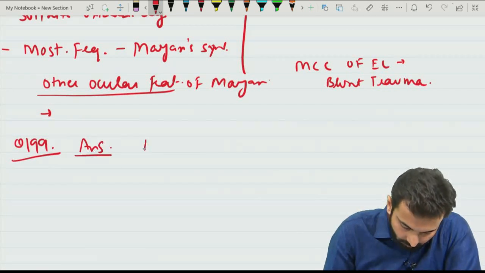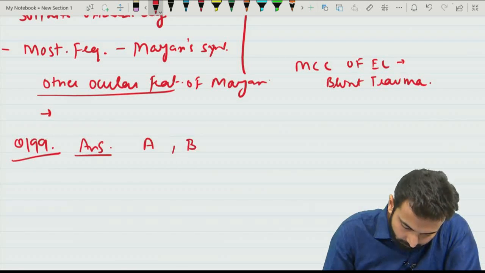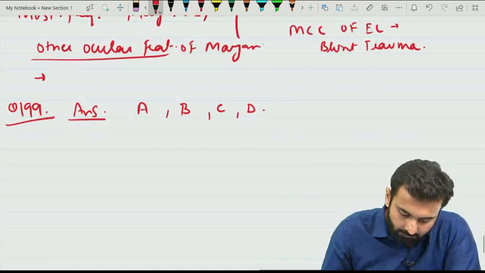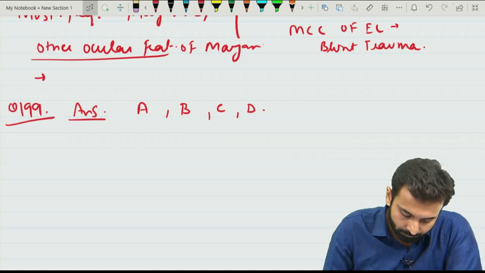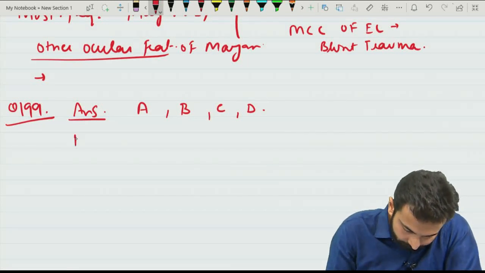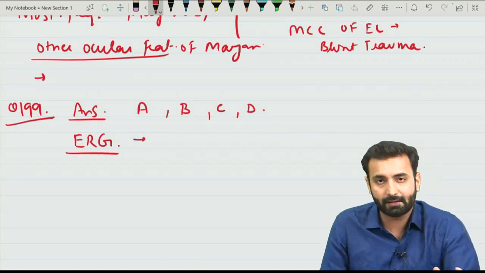The correct options are option A, option B, option C, and option D. These are the correct options. So let us discuss briefly about electroretinogram. What is ERG?